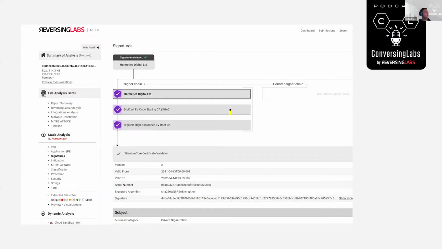Well, I'll show you another screen in our AV output. So this is what you were talking about. Yeah. The malware is actually signed by a certificate that was issued to Hermetica Digital Ltd. This is a company from Cyprus, a one-man company, and it was found that the person behind the company did no development work at all.